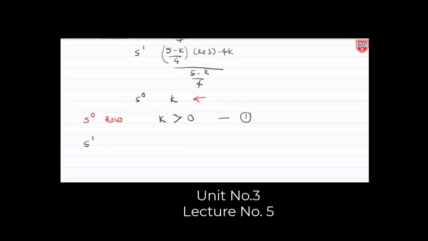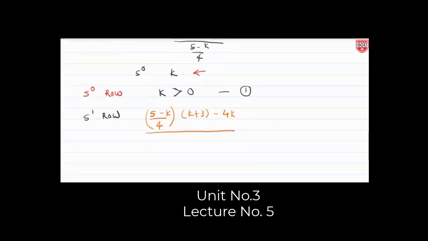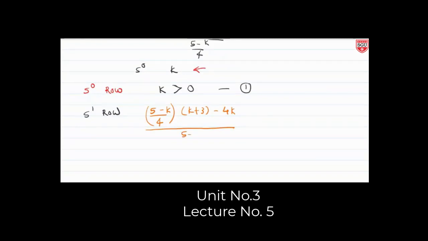Now s raised to 1. For the s raised to 1 row, we have to make the simplification, that is 5 minus k upon 4 into k plus 3 minus 4k divided by 5 minus k divided by 4 should be greater than 0.